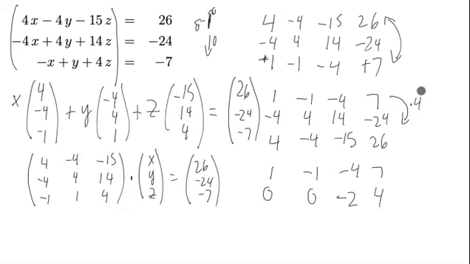Then I do an airdrop from this row to the bottom with a -4. If I do that, I have a 0, and -4 times -1 is +4, plus -4 is a 0. -4 times -4 is positive 16 plus -15, which would be 1. And then I get -28 and 26, which would be a -2.